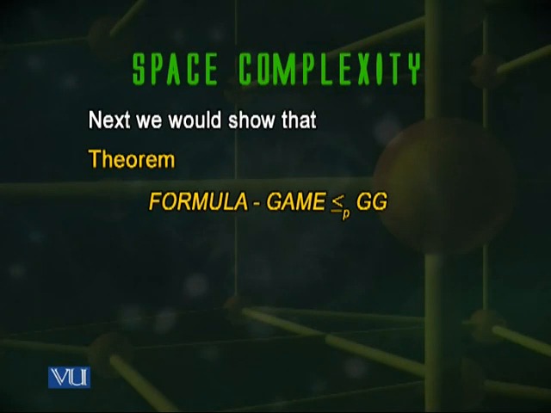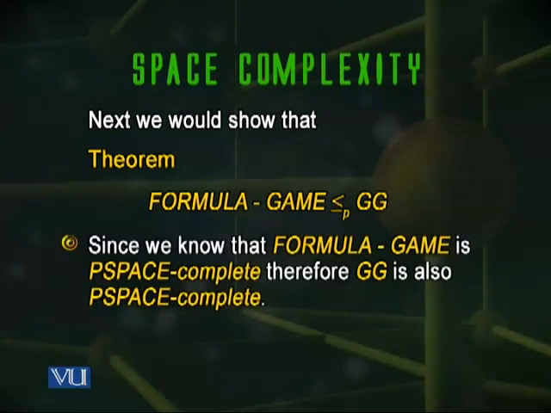Next thing that we want to show now is that formula game is polynomial time reducible to generalized geography. Since we know that formula game is P-space complete, this would also show us that generalized geography is P-space complete. So, once again, this is where our previous result, which showed that TQBF was P-space complete, comes into play. We know all problems in P-space are polynomial time reducible to TQBF.